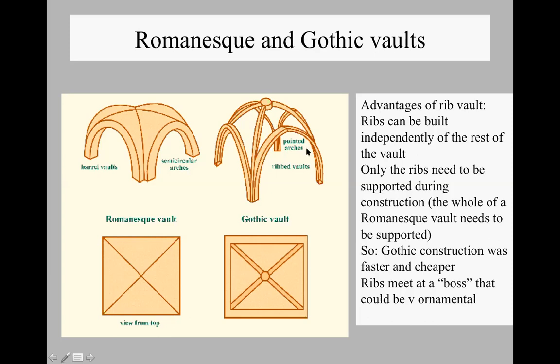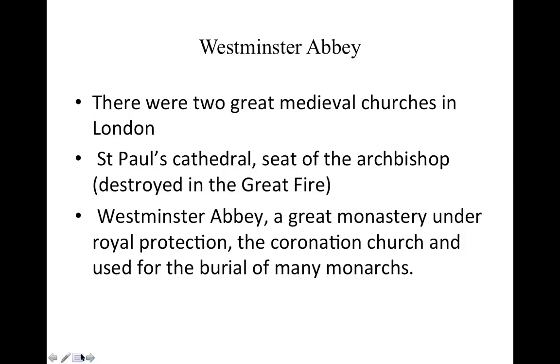And if you have a pointed arch, you can change the inclination, if you like. You can have a sharp pointed or a less sharp pointed arch, doesn't matter. Whereas with a Romanesque arch, they always have to be round. And at the top where the ribs meet, there's what's called a boss. That's also a place where you can put in ornaments.